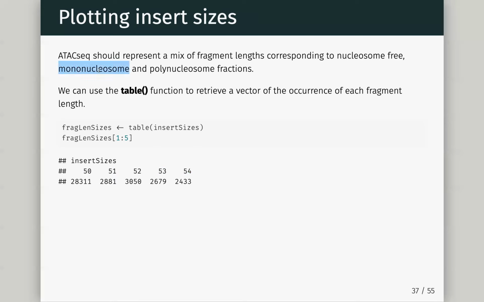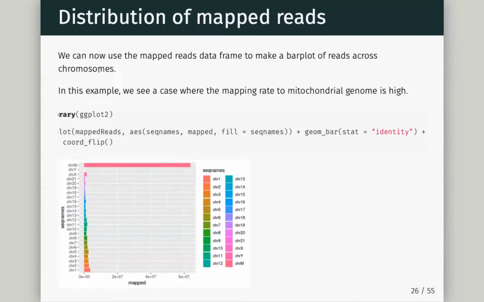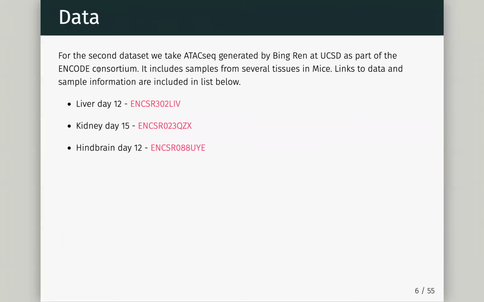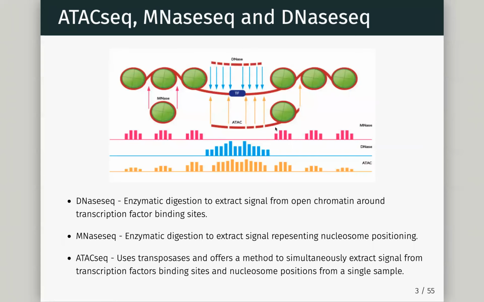But because we know ATAC-seq should represent mononucleosome in part, we would hope that we will be able to see a peak around the length of mononucleosome covering fragments. So sorry to keep hopping back and forward. But this distance around a nucleosome, I believe, is like 137, 147 maybe.